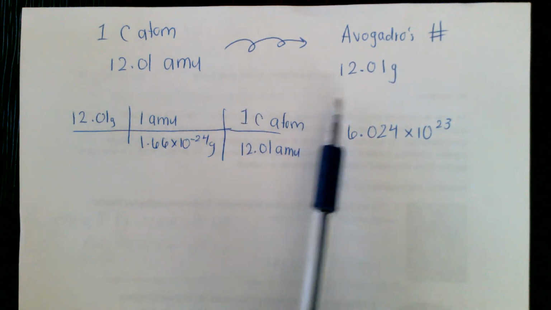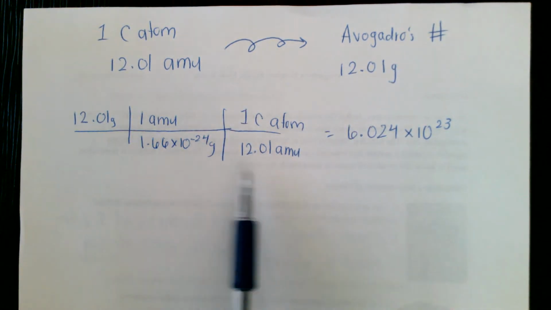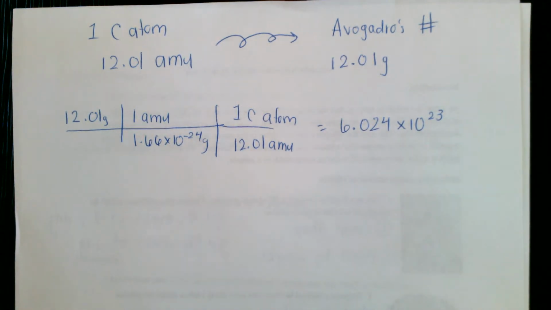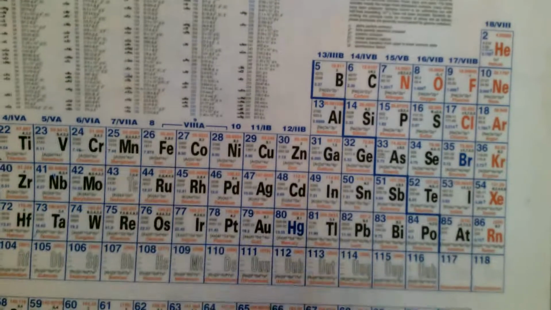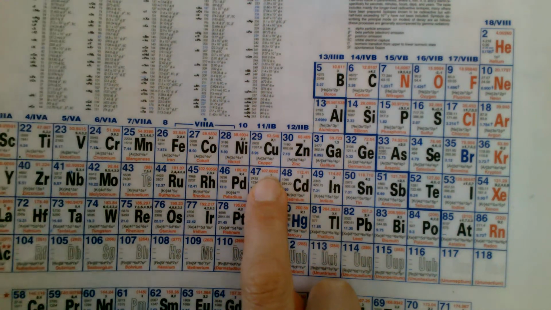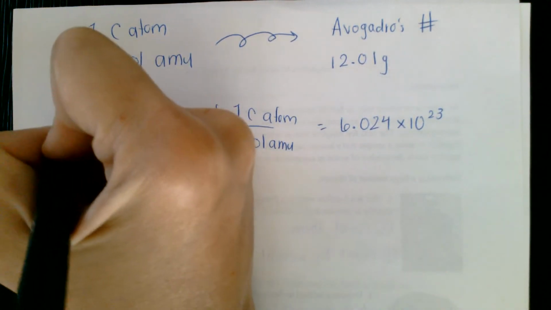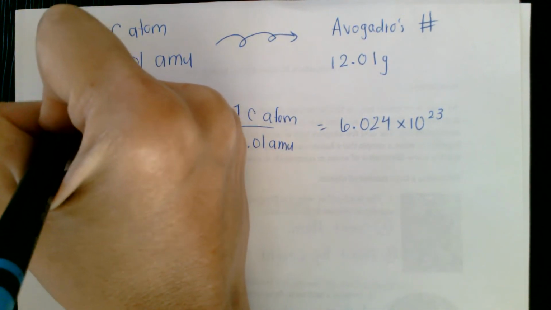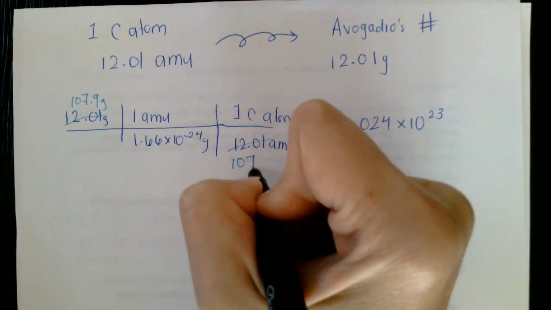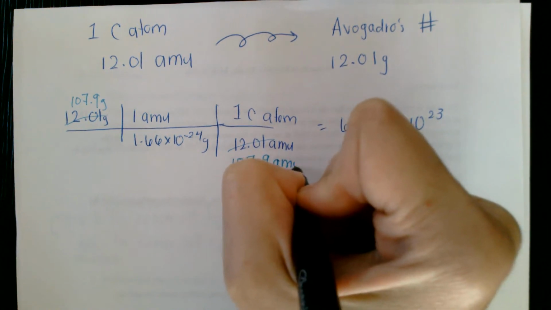You need Avogadro's number of carbon atoms to go from atomic mass units to grams. And this isn't true for just carbon. You could take another element, for example, how about silver? So silver is 107.9. So if we looked at silver instead of carbon, this would be 107.9 grams. This would be 107.9 AMU.